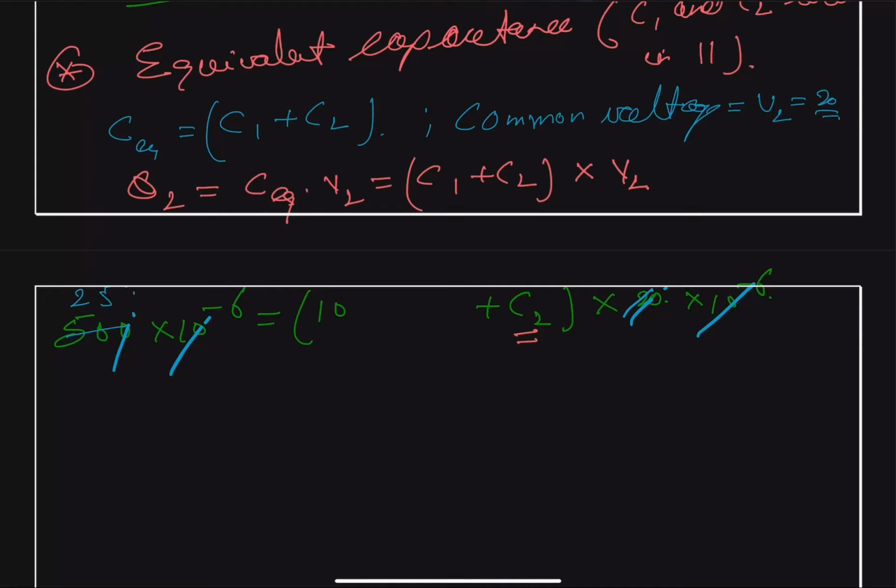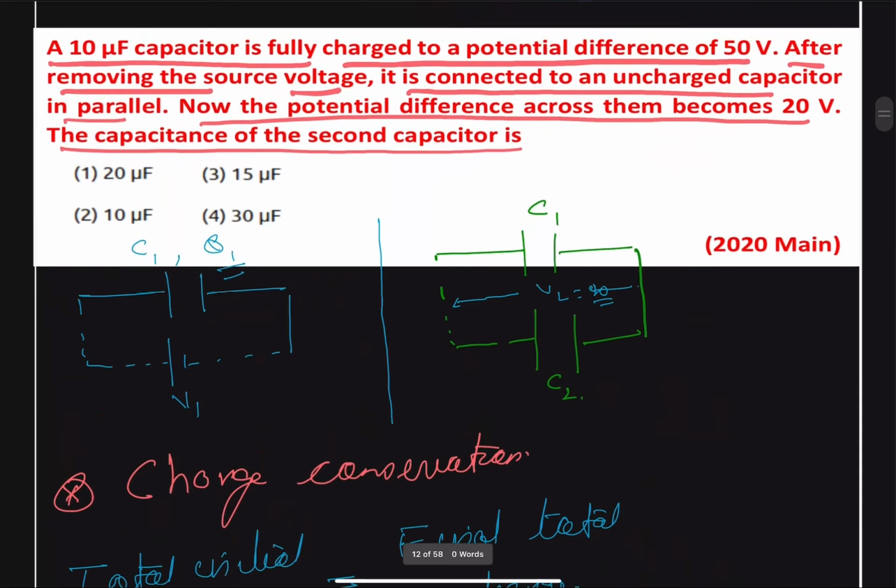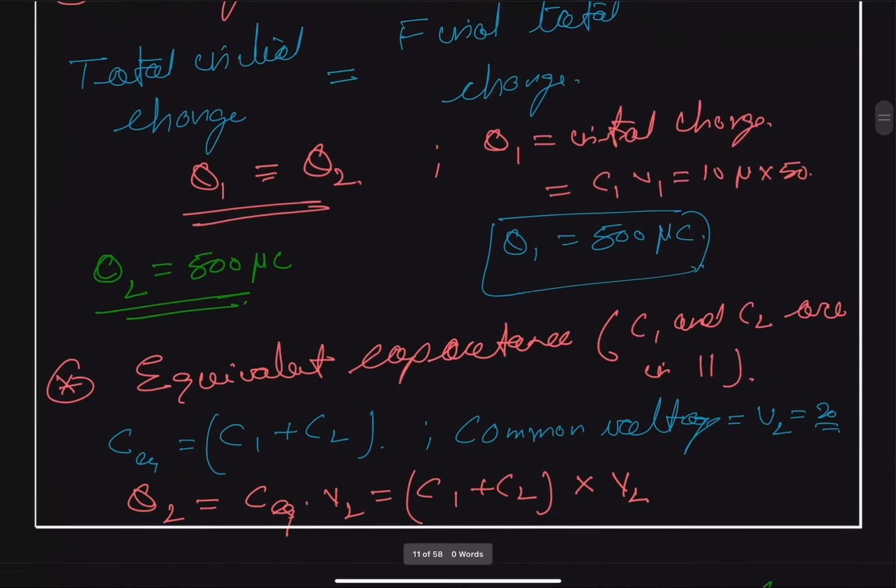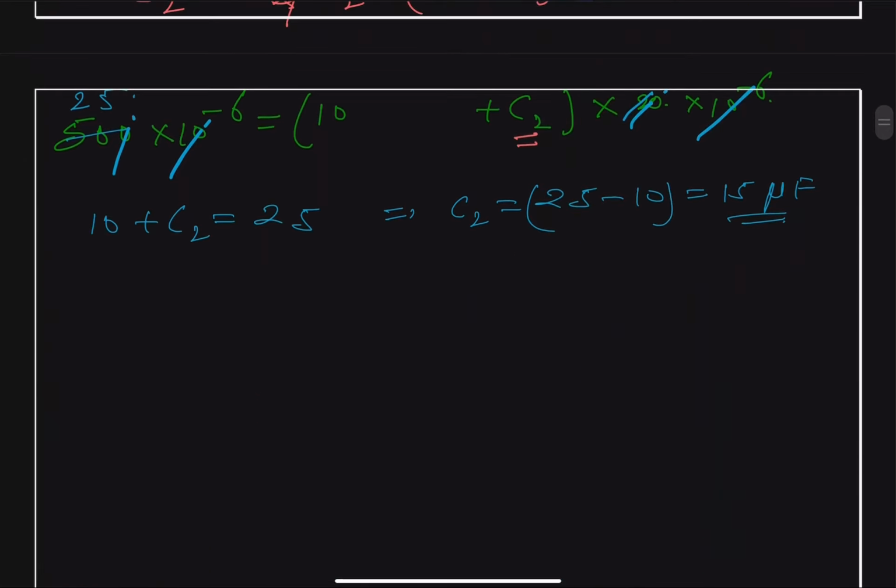So we get 10 plus C2 is equal to 25. This gives us that value of C2 will be equal to 25 minus 10, giving us 15 microfarad. So option 3 is correct.